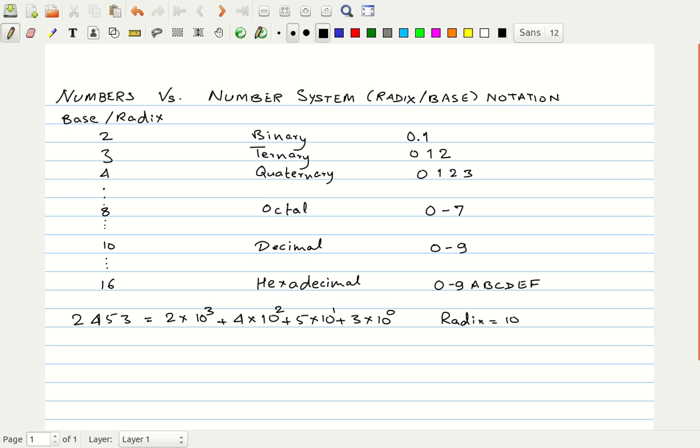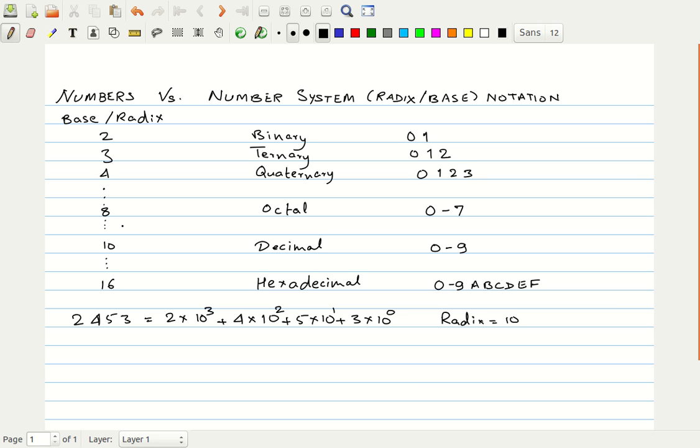If our number system is binary, we need two symbols because our base is 2, and those two symbols will represent the number 0 and number 1. Similarly, if we have base 3, we need three symbols, 0, 1 and 2. If we have 4 as our base, we need four symbols, which is 0, 1, 2 and 3.